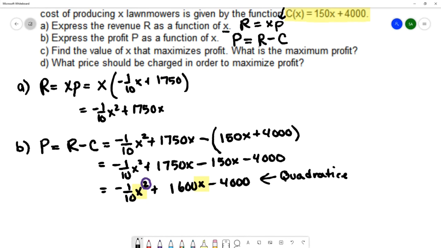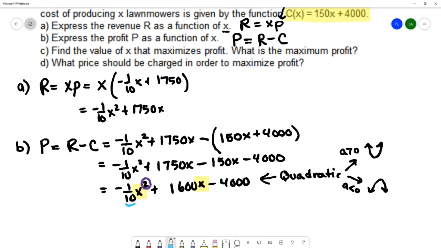And the graph of a quadratic is a parabola. And we have two types of parabolas. We have an up-facing parabola and a down-facing parabola. If we have our leading coefficient being positive, we get the up-facing parabola. And if the leading coefficient is negative, we get the down-facing parabola.